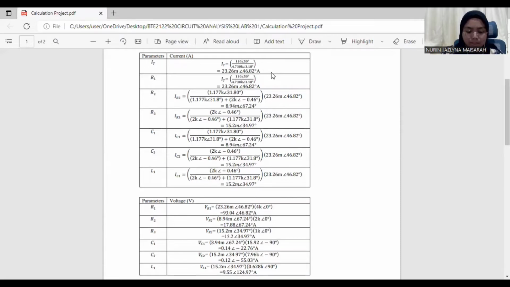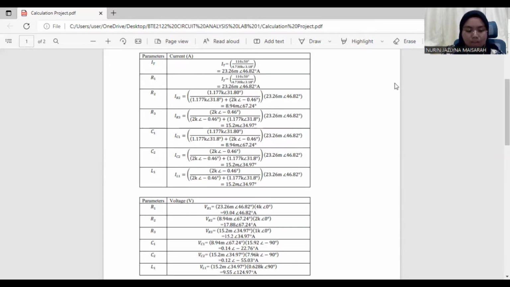Here we can see the calculation using the current divider rule for each impedance: R2, R3, C1, C2, and L1. After doing the calculation, it can be observed that the current for R2 and C1 has the same value, while the current for R3, C2, and L1 has the same value, as all of them are in a series connection.